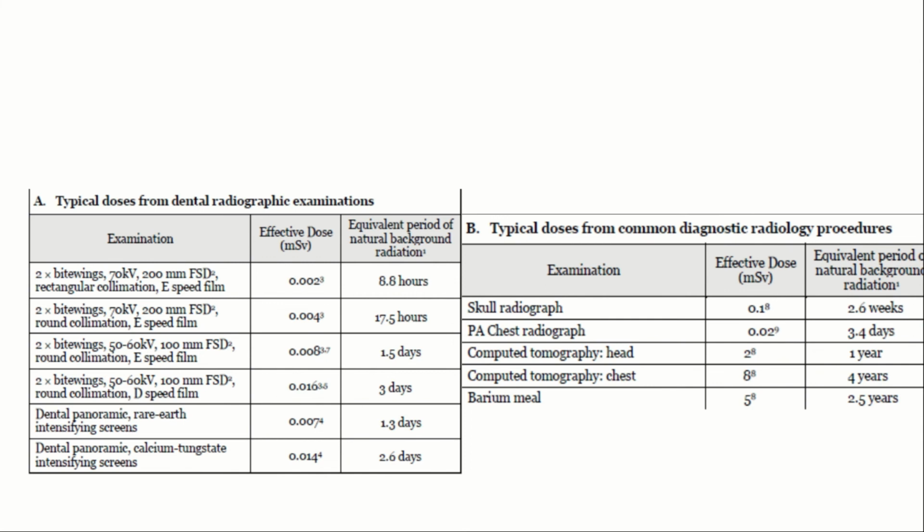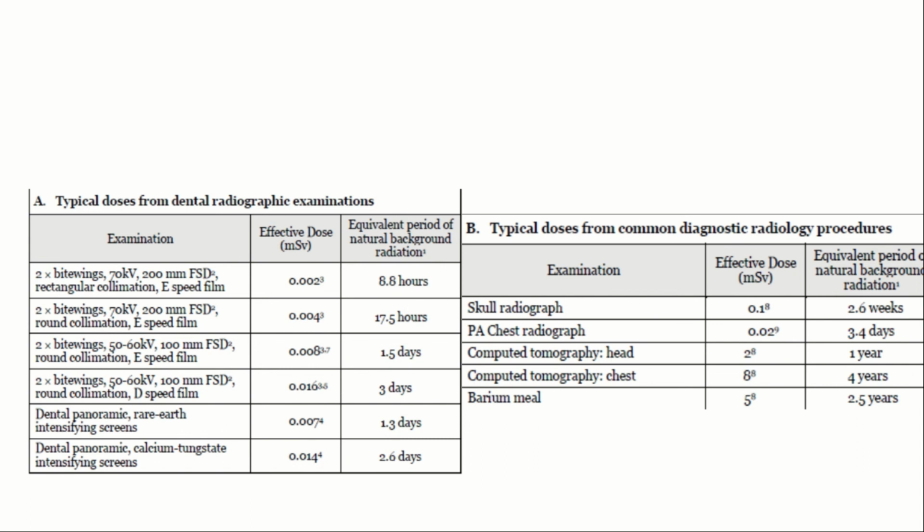For extraoral radiographs, the effective dose is higher, for example a skull radiograph at 0.1. To achieve this dose, you have to expose yourself for longer periods compared to intraoral, about 2.6 weeks.